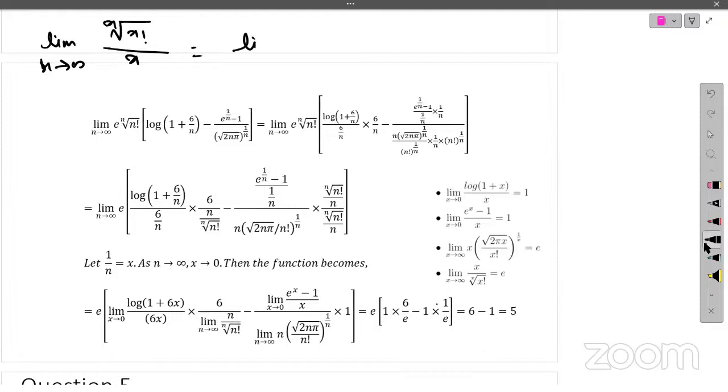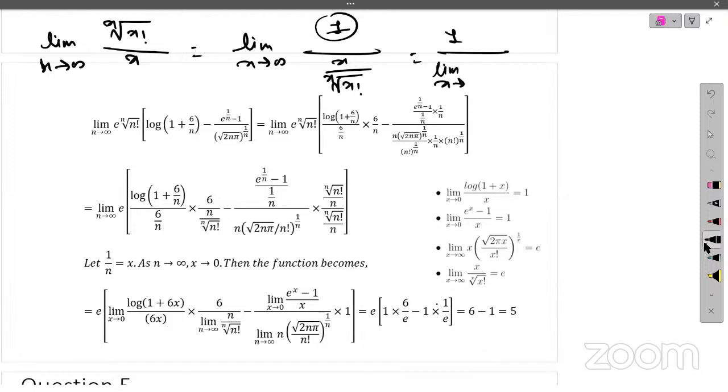This is the same as limit x going to infinity of 1 upon x upon x root of this thing, right? And we can distribute the limit over numerator and denominator. So in the numerator, we have 1, which is constant, so it will remain as it is. And in the denominator, if you apply the limit, it becomes limit x goes to infinity, x upon the x root of x factorial, and this is equal to 1 by e. So the limit will change, but it will be equal to 1 by e in place of e.